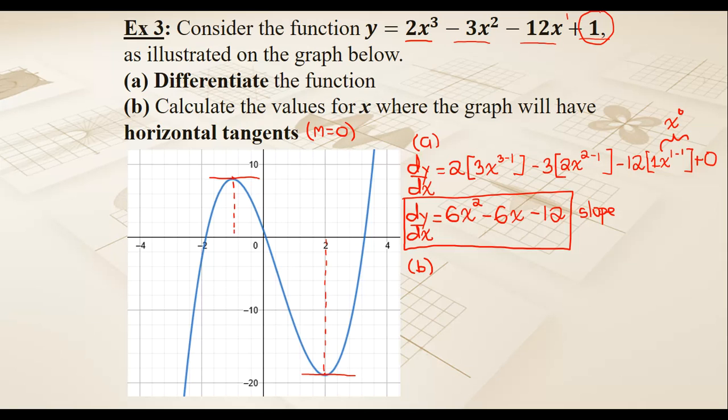Okay, so let me clarify this. The graph has horizontal tangents when your slope is 0.